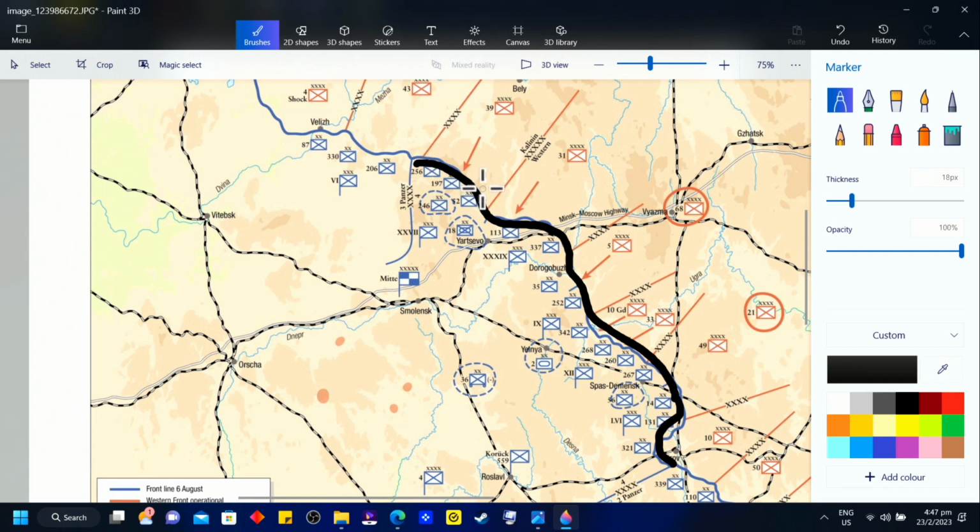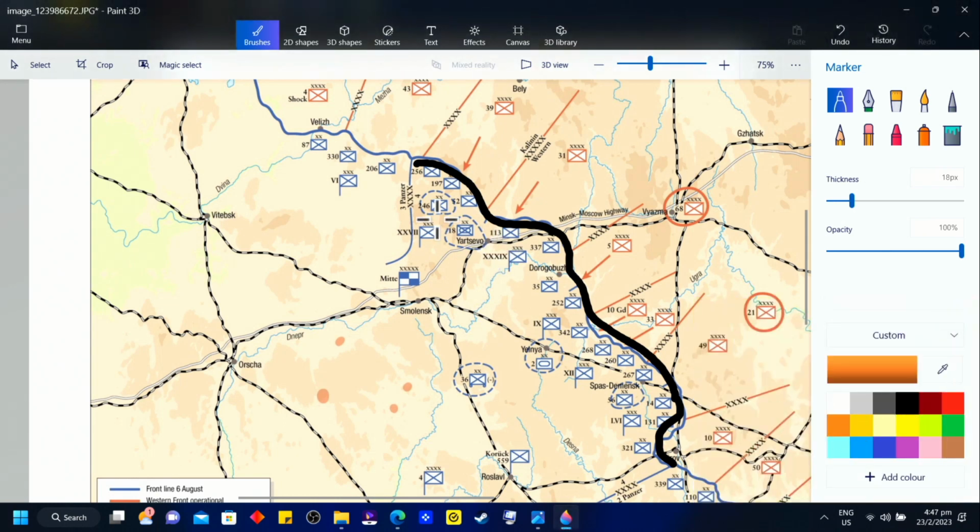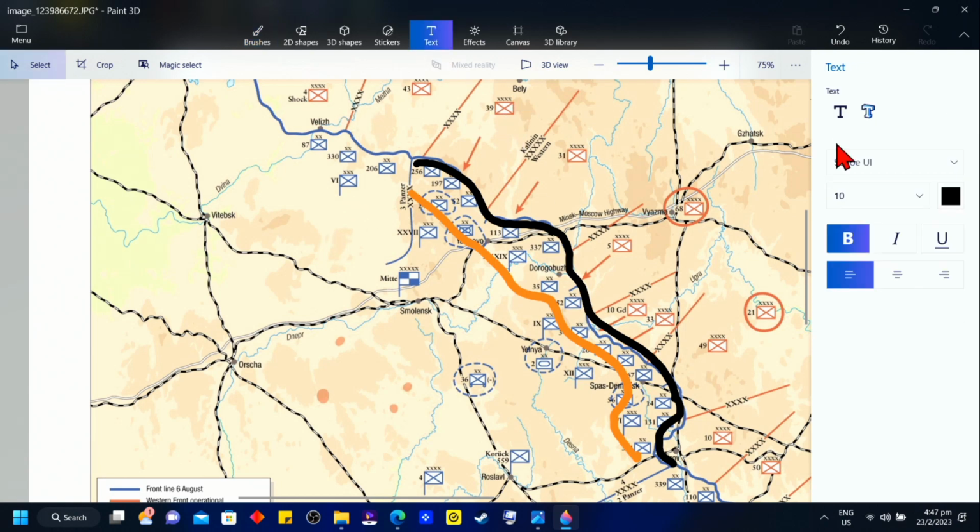So for Heinrici's side, they have a main German line of resistance. They have a second line. It's called the HKL.